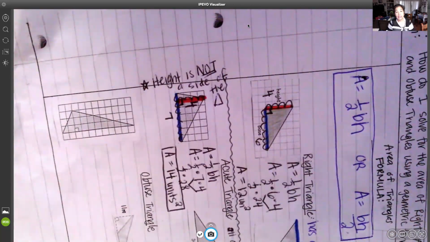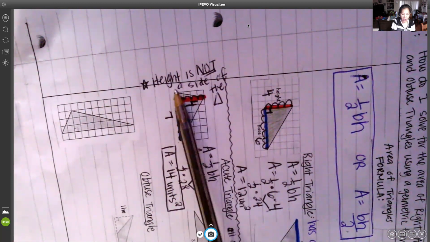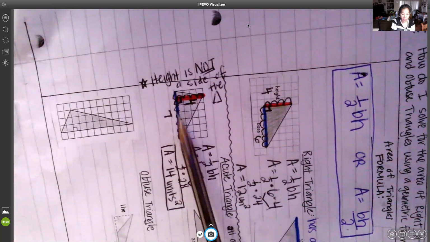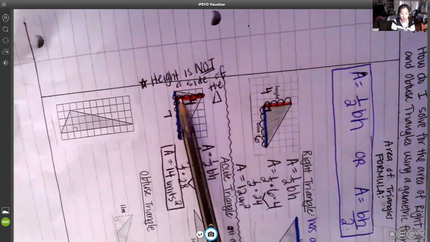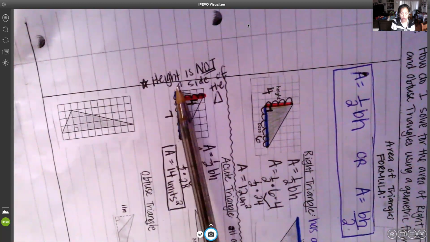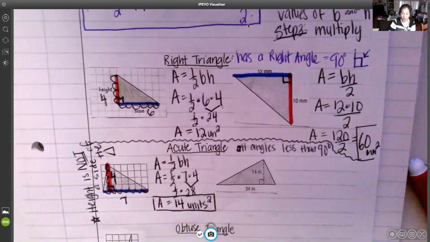The height is not going to be a side of the triangle. Okay, so there's one side of the triangle, 2 and 3. Okay, the base will be one side, but the height will not be. It will have to be dropped down from the tallest angle. Therefore, we're going to ignore whatever that side is and that side. Okay, all right. Next problem.